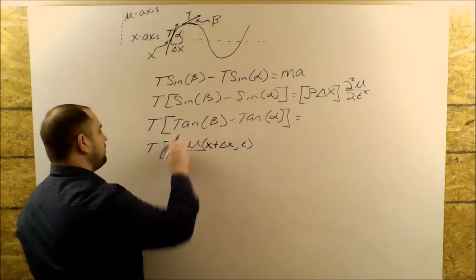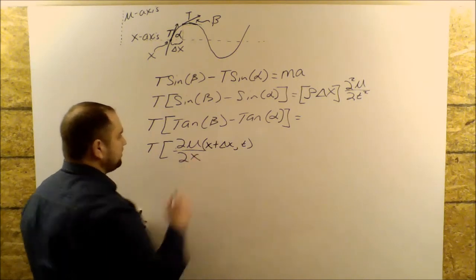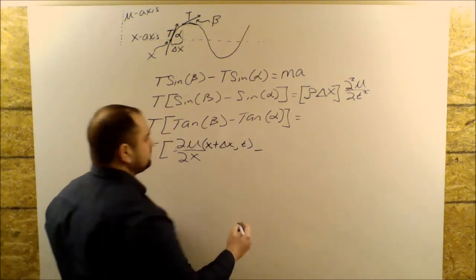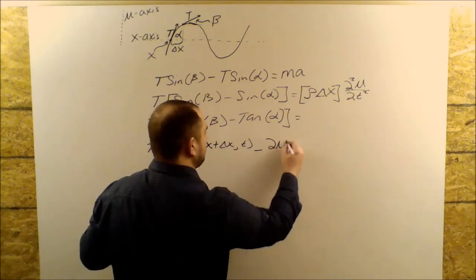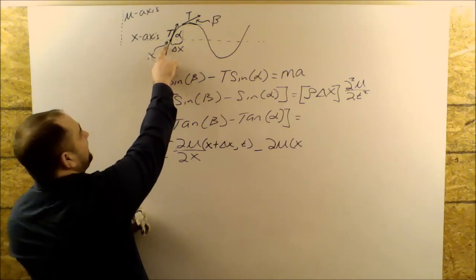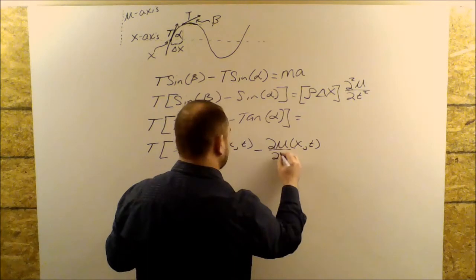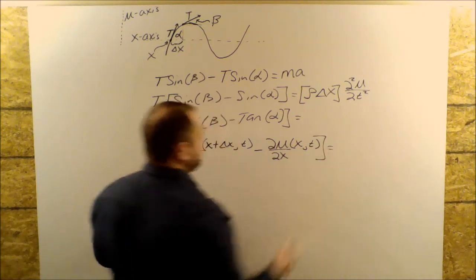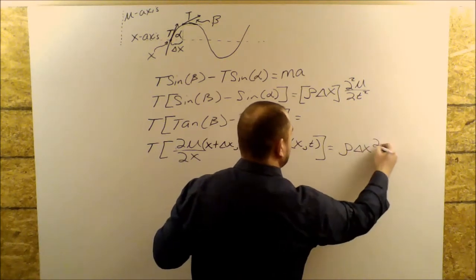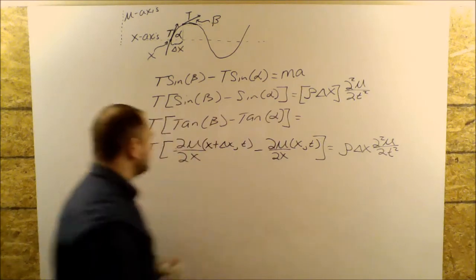Excuse me, that's a partial. And then I have, with respect to x, minus partial u at, we're referencing alpha, so it's just going to be at x, over partial x. And then this is equal to my rho delta x partial squared u over partial t squared.